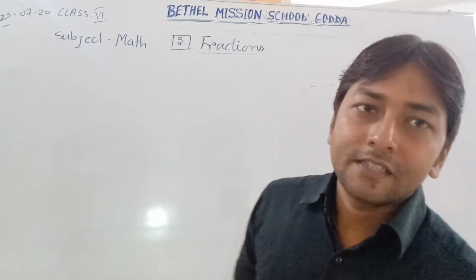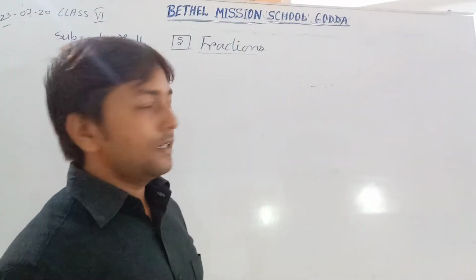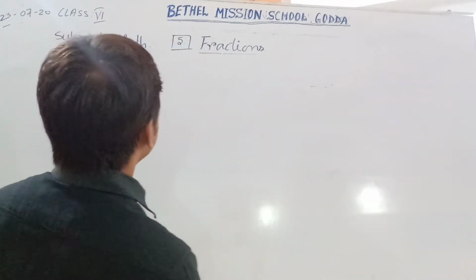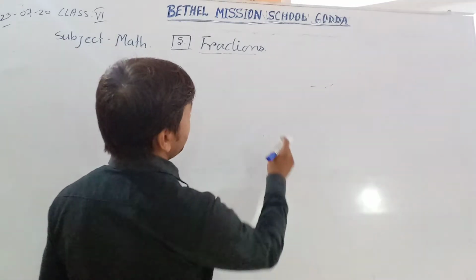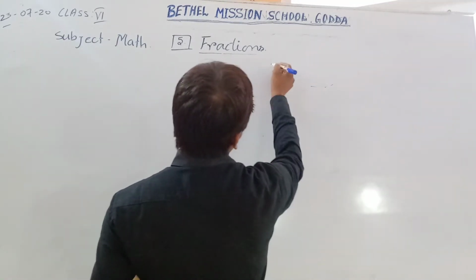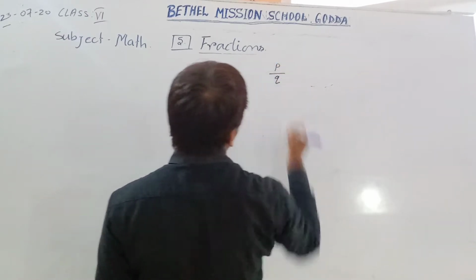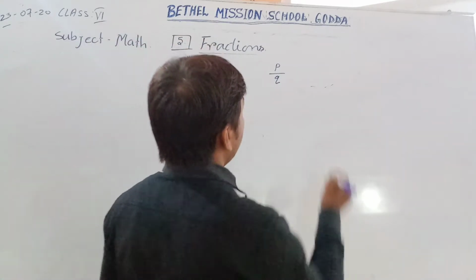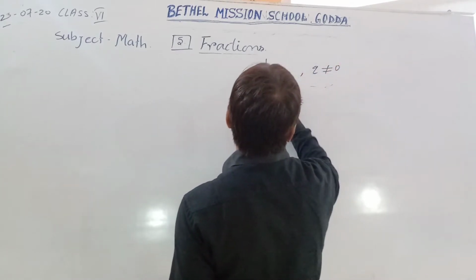In the last video I taught you fractions, and now we move on with this chapter. So what is a fraction? Let's recall it. A fraction is a number which can be written in the form p by q, where q does not equal 0.